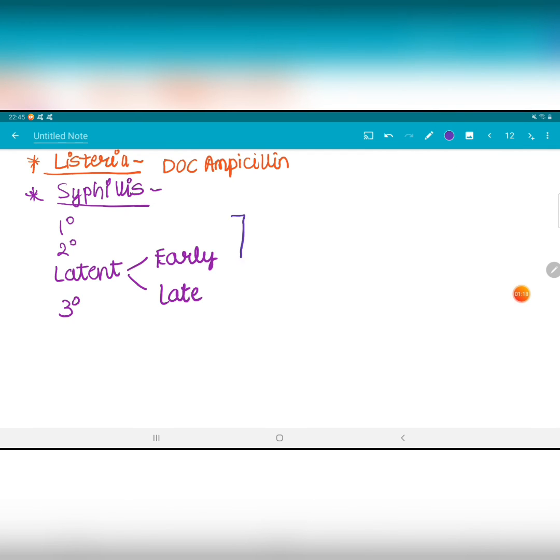In primary, secondary, and early latent phase, we give a single injection of benzathine penicillin G IM, at a dose of 2.4 MU.